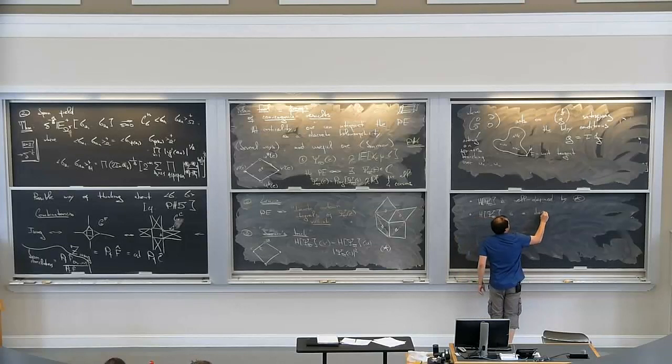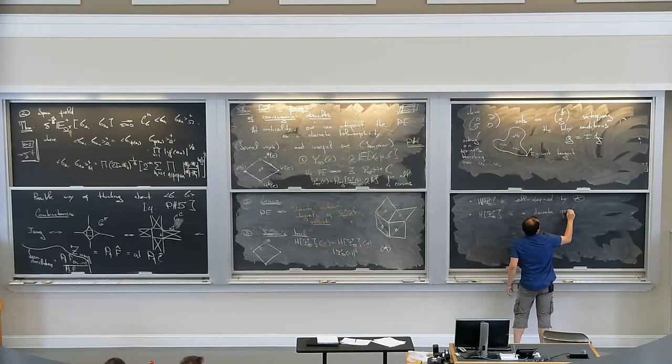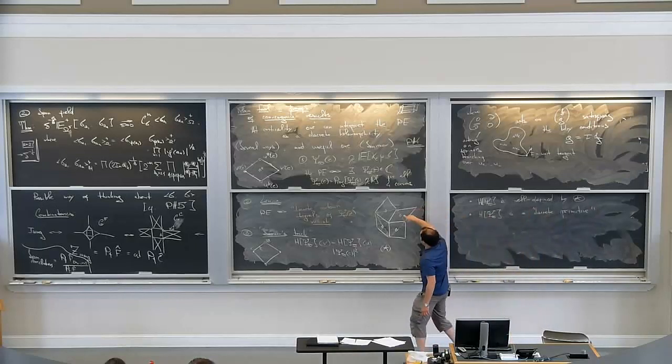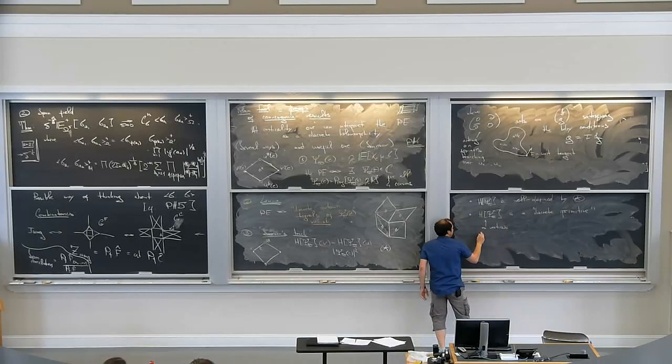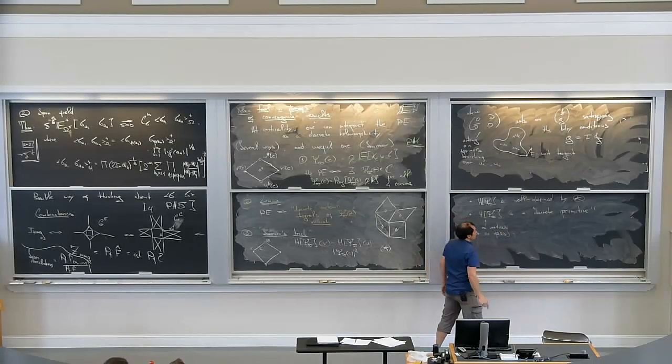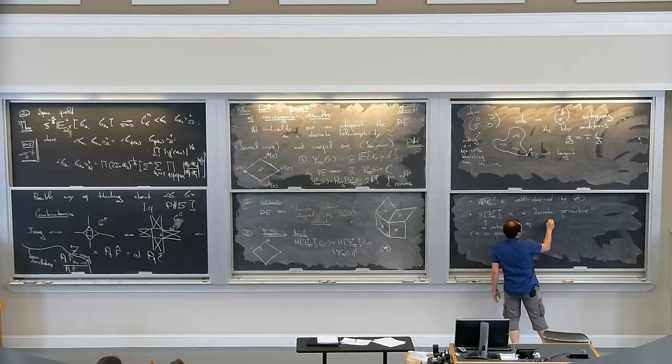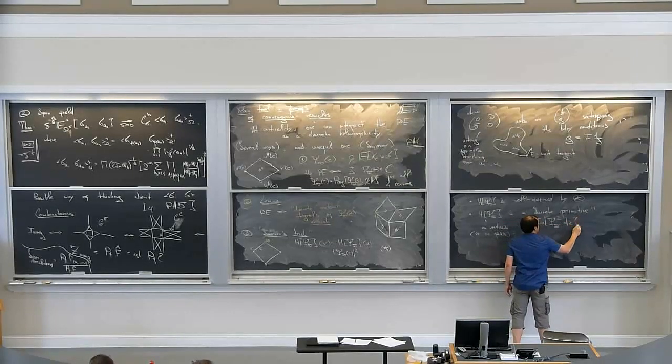Is a discrete primitive in exactly the same way as here, like on this picture. Say, on vertices, or separately on faces, is a discrete primitive of the form imaginary part of psi squared dz.